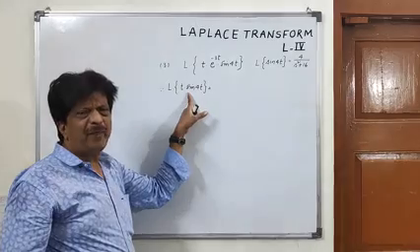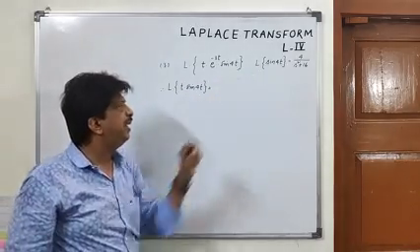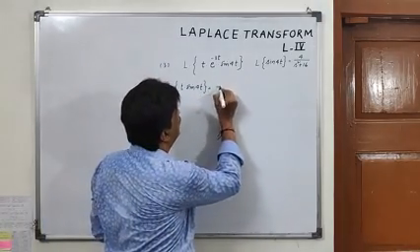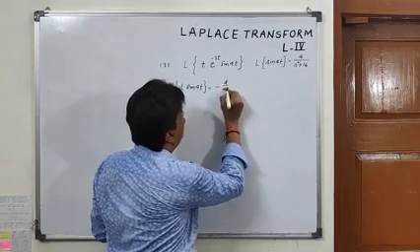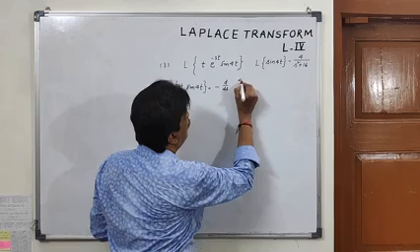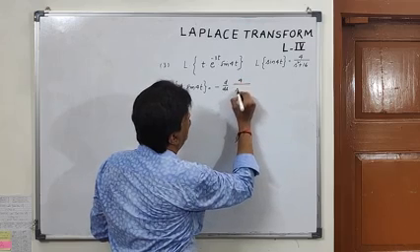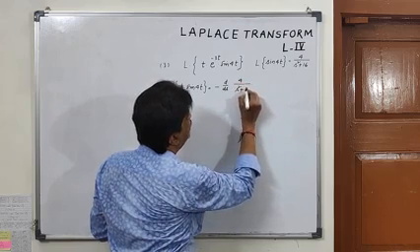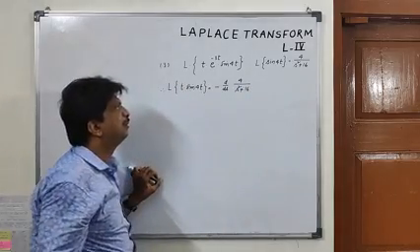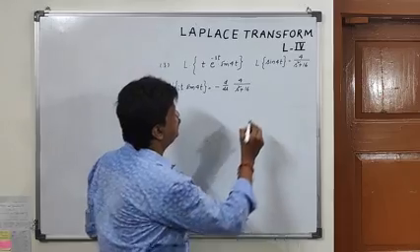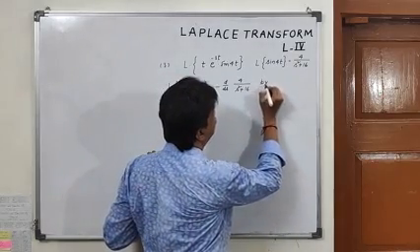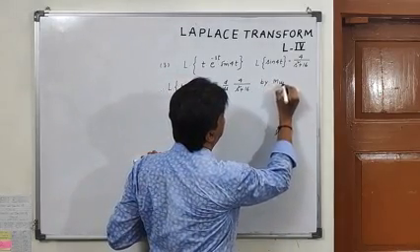So by the multiplication by t property, it is minus d by ds of f of s, that is 4 upon s square plus 16.